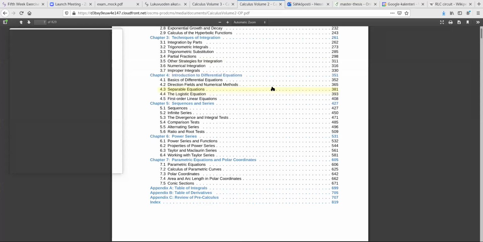Separable equations, meaning you put the y's and the x's on opposite sides of the formula, and then you just integrate. That's easy. The logistic equation had a particular kind of solution.